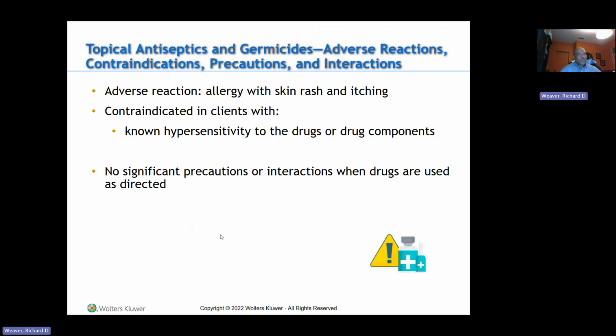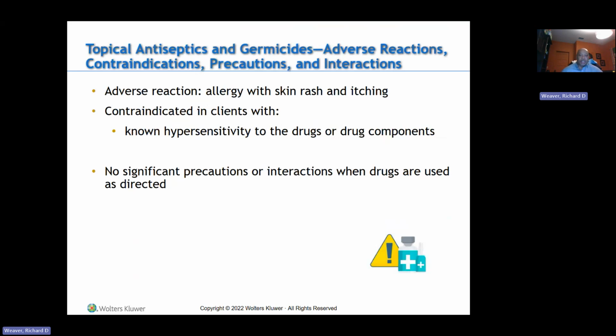All right. Now, these are the adverse reactions, contraindications, precautions, and interactions of the topical antiseptics and germicides. They provoke very few adverse reactions, which again is a good thing. Occasionally, someone may experience an allergic reaction to these drugs, and a skin rash or itching may occur. So that's fairly mild, all things considered.